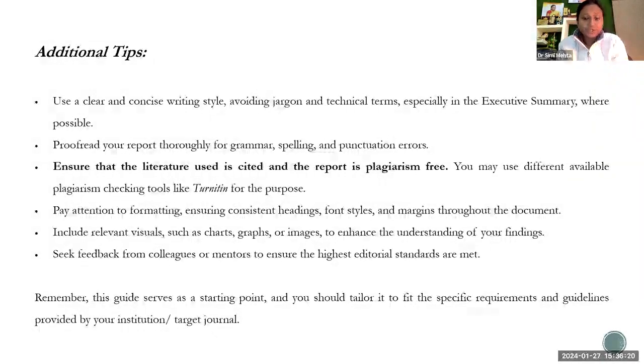Most important, ensure that the literature used is cited, and that the report and the article are completely plagiarism-free. Plagiarism-free means you have to make appropriate citations, and you may use different available plagiarism checking tools, for example Turnitin, and there are others also.